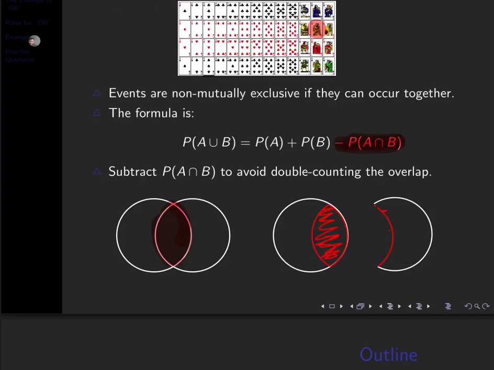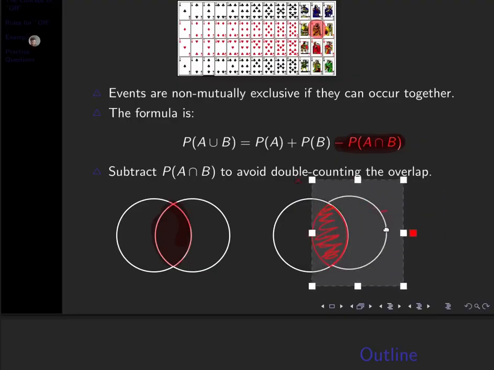Let me try and see if I can do something like that over here. I'm trying to fit this one. So as you can see, we are going to get this, rather than a double. So that is how we work for non-mutually exclusive events.